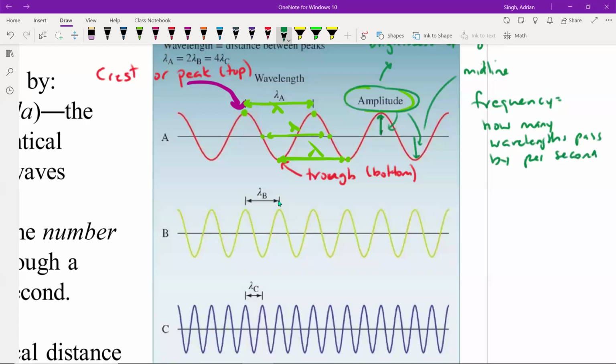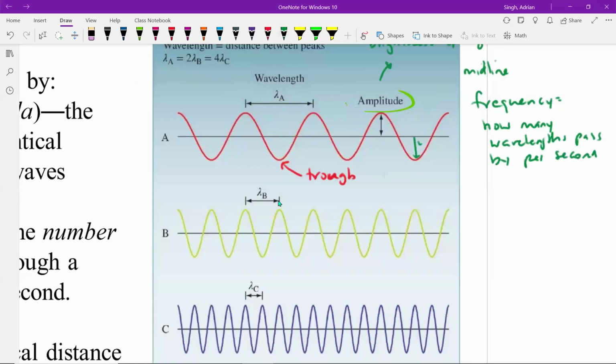Okay, so imagine, I'm going to erase a bunch of stuff here, that the time between the beginning of our midline and the end of our midline corresponds to 1 second. Okay, so in our little diagram here, from this point all the way over to that point, this is 1 second.